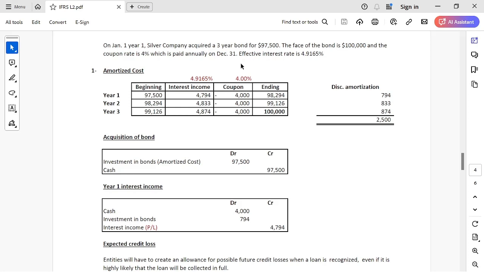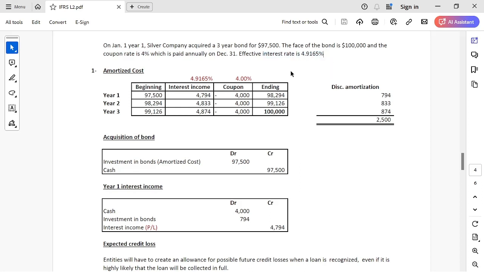And let's say here, why is something issued at a discount, like in this case? So this was done to facilitate the sale. Why to facilitate the sale? Let's see here, for example, the coupon rate, the stated rate on the bond is 4%, which is paid annually on December 31st. However, there's something called the effective interest rate here, which is 4.9165%.